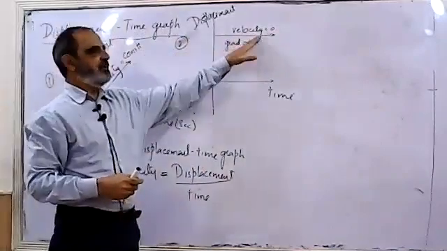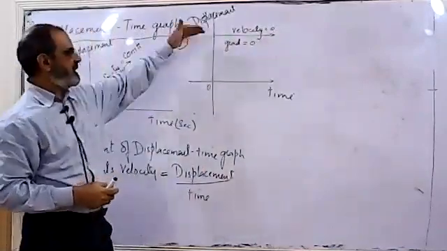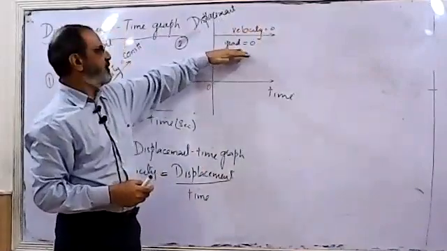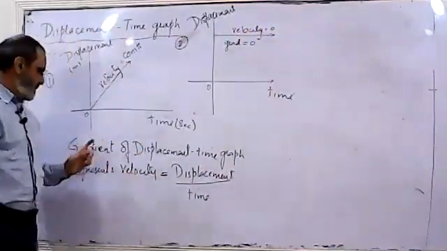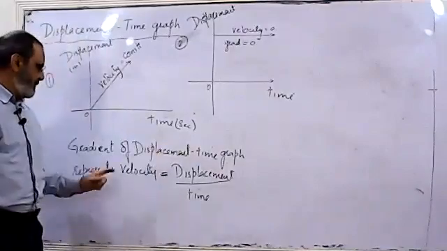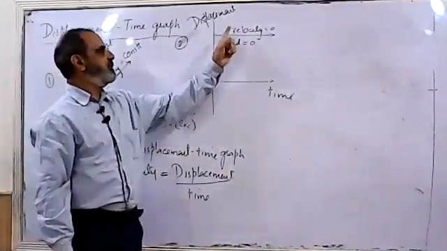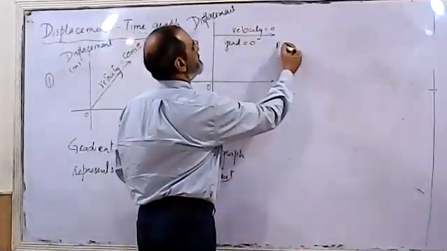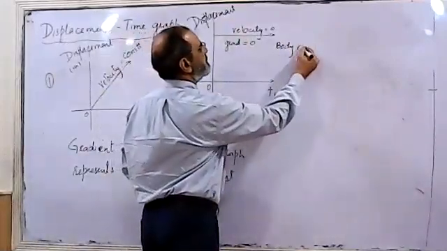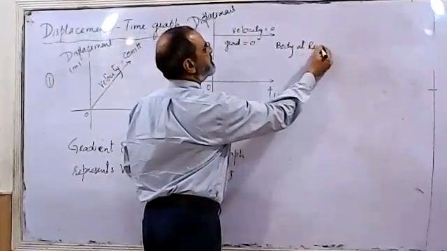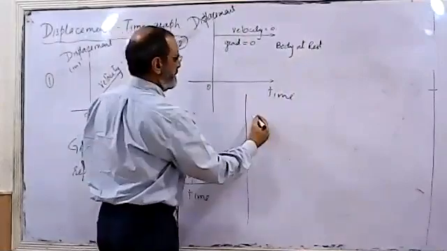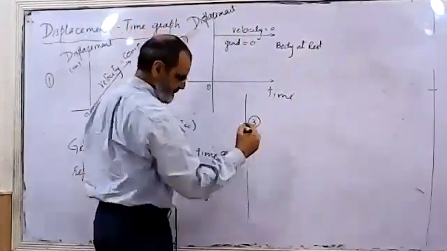The graph in this case is a horizontal line. A horizontal line has a gradient of 0 because the gradient of the displacement time graph is velocity. So if the gradient is 0, then the velocity is 0. We can say the body is at rest. Third case.